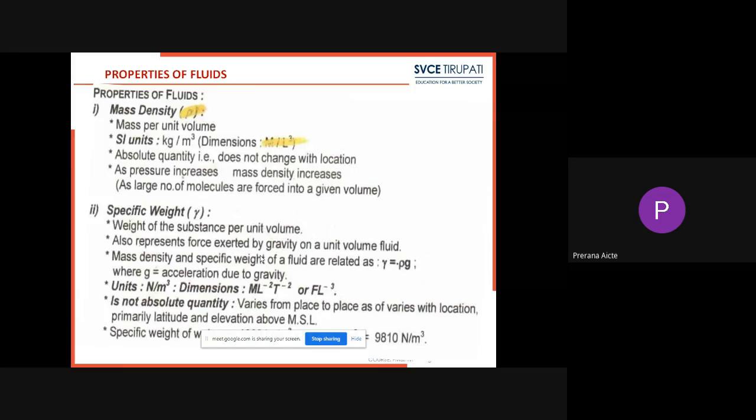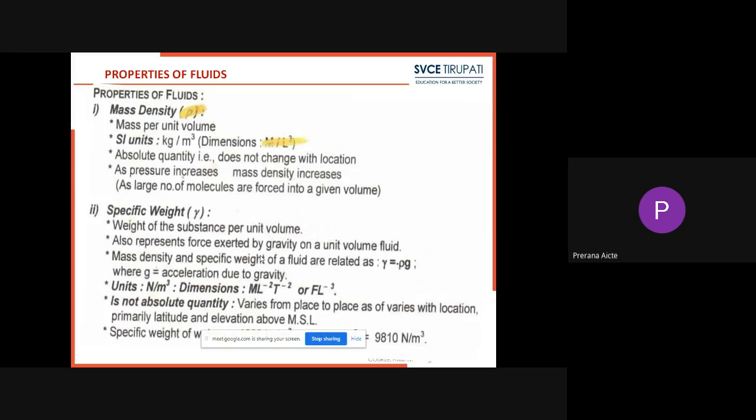Then coming to the second property, specific weight, which is denoted with gamma. The weight of the substance per unit volume is known as specific weight. It also represents the force exerted by gravity on a unit volume of the fluid. Hence, the mass density and specific weight of the fluid are related as gamma equals rho into g.